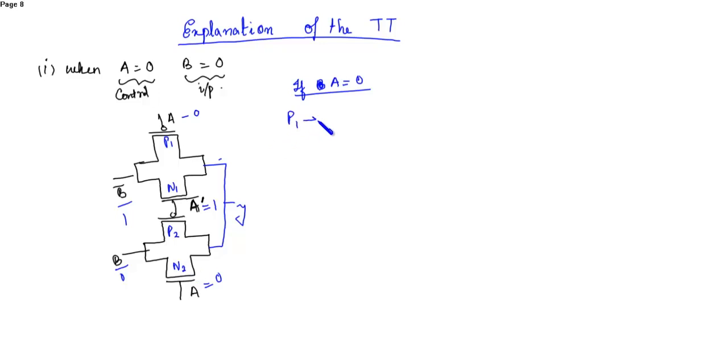Since we know if input is 1, then NMOS will turn on and PMOS will turn off, and when it's 0, then PMOS will turn on and NMOS will turn off.